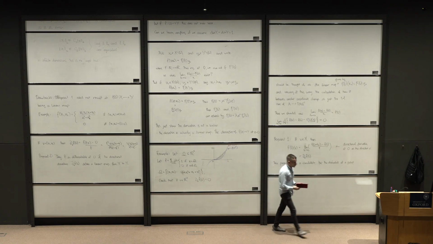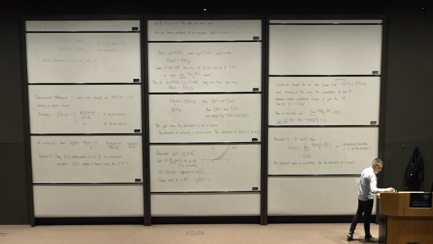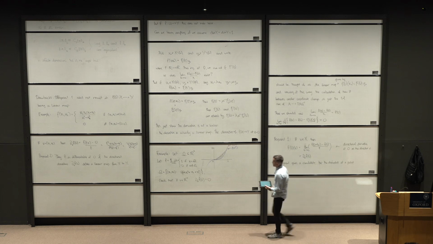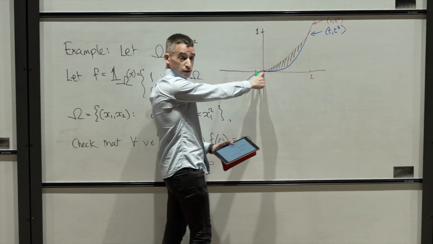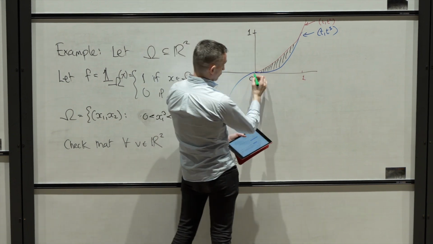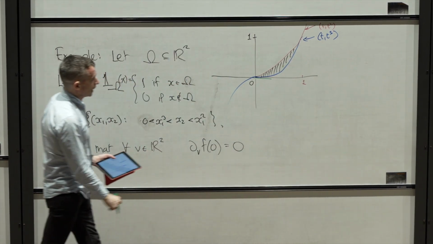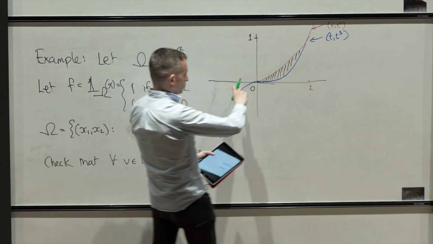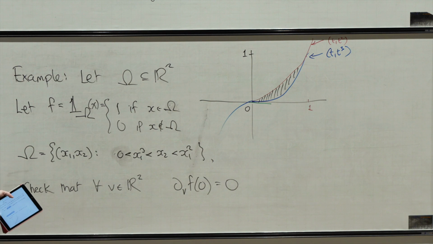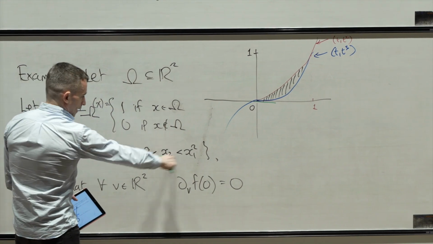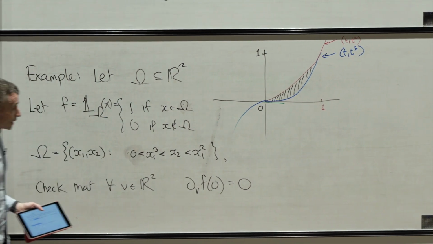And why is that? Well, it's just that the tangent lines of both y equals x squared and y equals x cubed at the origin are flat. So if you take x2 equals 0, all those points lie outside omega, so the directional derivative vanishes.